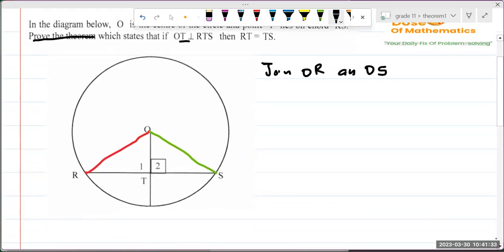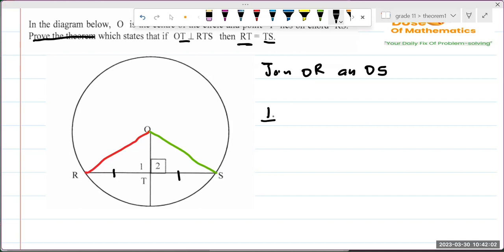Now, from here onwards, we are trying to prove. What are we trying to prove? We're trying to prove that RT is going to be equal to TS. This line from R to T is going to be equal to T to S. Once we construct, we are going to have triangle OTR, and then we're also going to have triangle OTS.